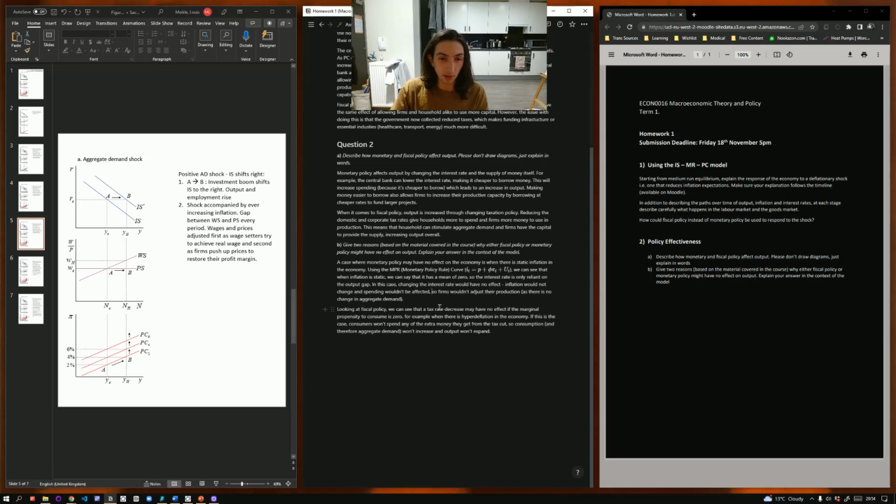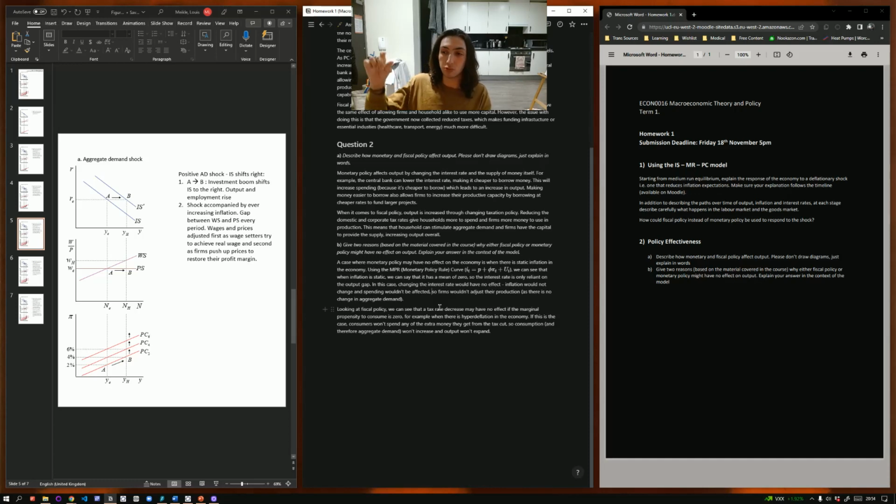When we look at fiscal policy, one change that would have no effect would be a tax rate decrease when the marginal propensity to consume is zero. If your marginal propensity to consume is completely zero, for example in an extreme deflationary spiral, you're not going to spend money.